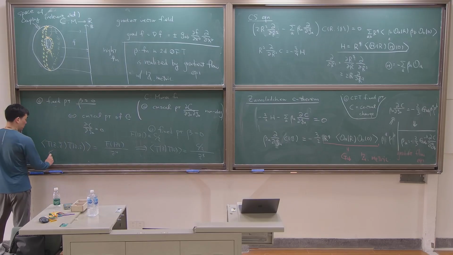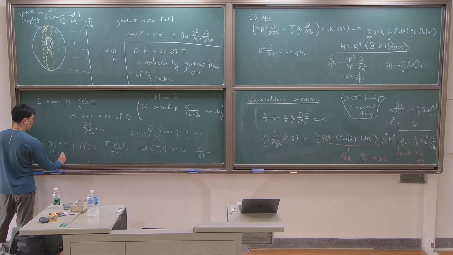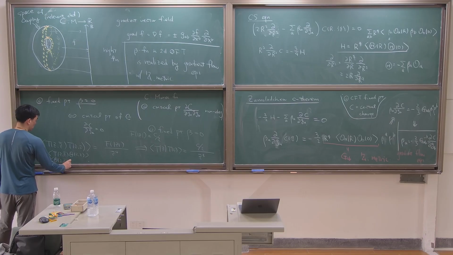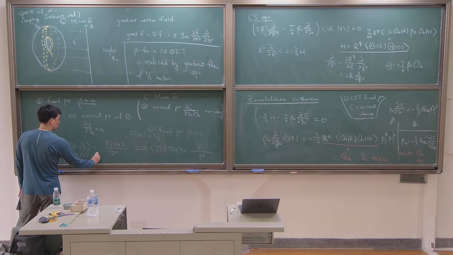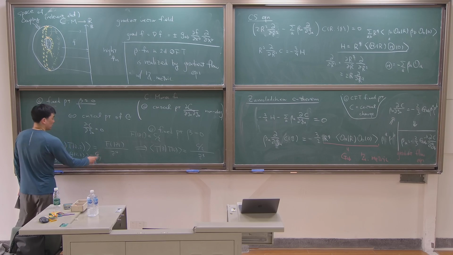So from here, T, T-bar and theta. So this is G of something like this here, right? And H, anyway, I'm not going to write that.